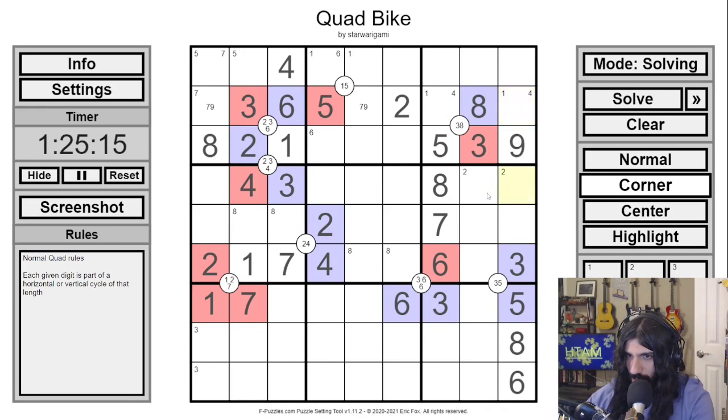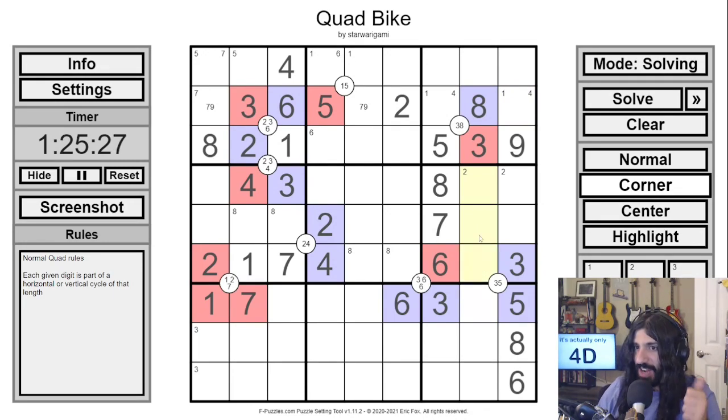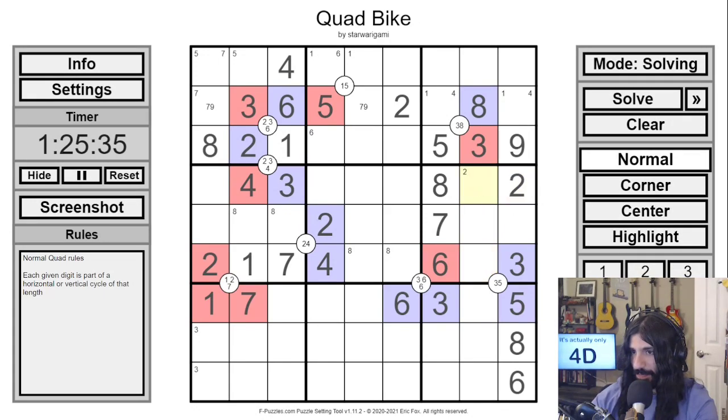Because this middle has to have a 5 and a 9, and either a 1 or a 4. So there's a 594 triple or a 591 triple in this column, in this box. So the 2 has to go here. I hope that's right. Which means this is either 1 or 4.